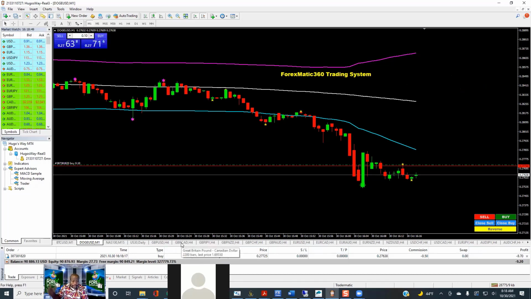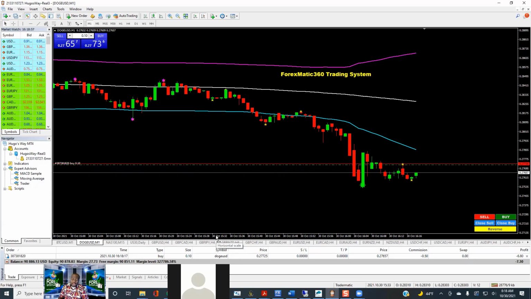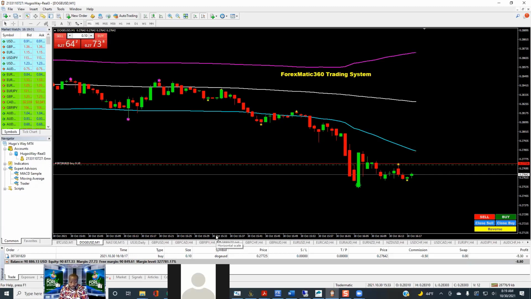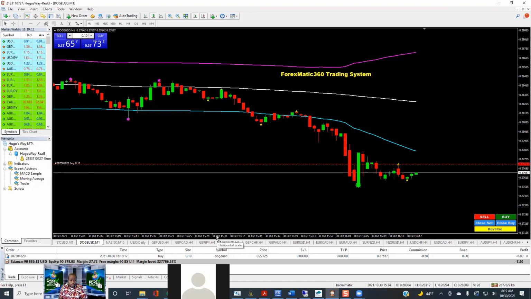Most of the time I want this margin level to be above 1,000%. But there are situations that can lower it to maybe 500 or 600. I've even had trades that went to 300%, and that is on an extremely risky level. But on a normal level, I always want my margin level to be about 1,000%.